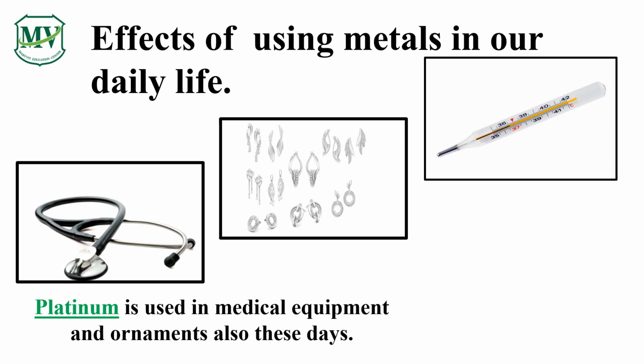Platinum is also used in medical equipment, like this stethoscope. Have you ever seen a thermometer? Excellent! Did you know that mercury is used in the thermometer? Yes, mercury is used in thermometers, and mercury is a metal.